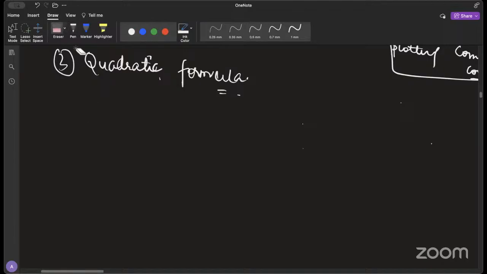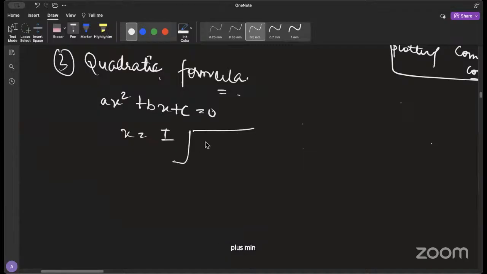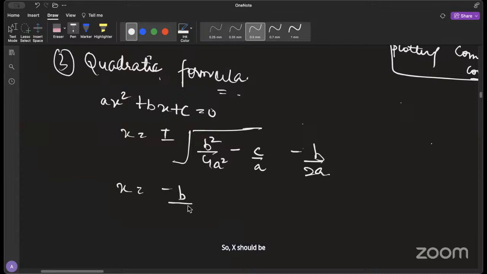So if this is your polynomial, then x is equal to plus minus square root of b square by 4a square minus c by a, minus b by 2a, right? This is what we got. So x should be equal to minus b by 2a plus minus square root of b square.